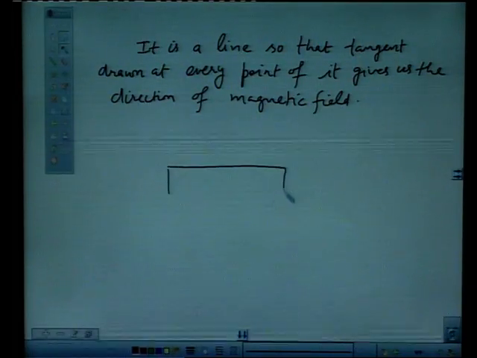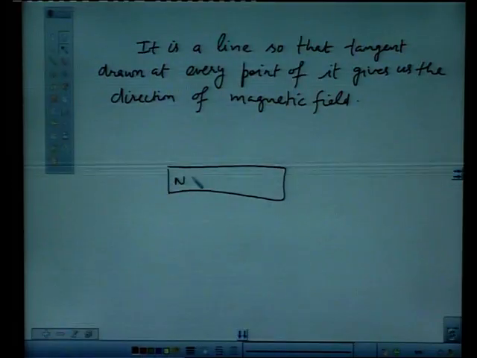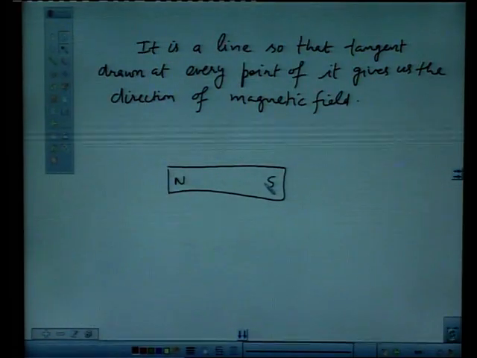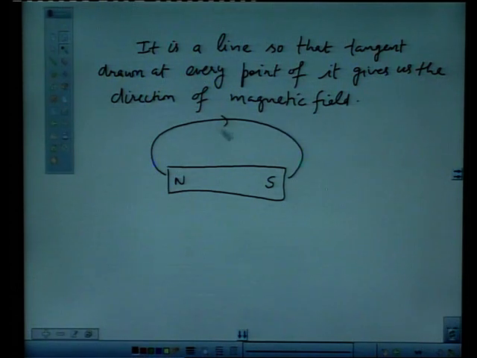We can draw the diagram. This is a magnet having north and south poles. So these are the magnetic lines of force from north to south pole outside, and from south to north pole inside the magnet.